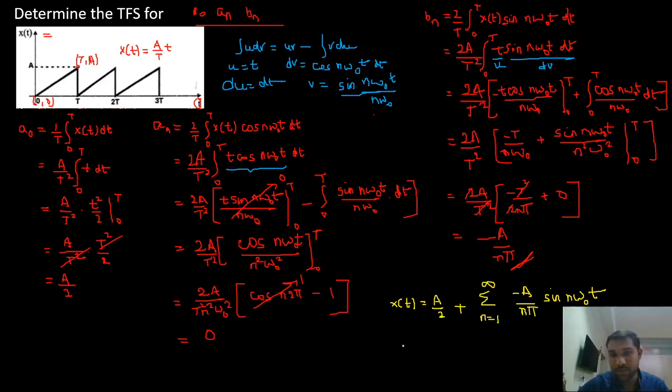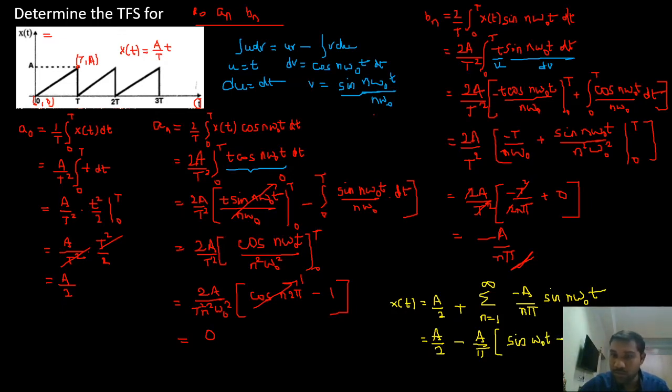So this is my trigonometric Fourier series expression. Let me expand it. A by 2 minus A by pi into, when n is equal to 1, it is sine omega naught t.